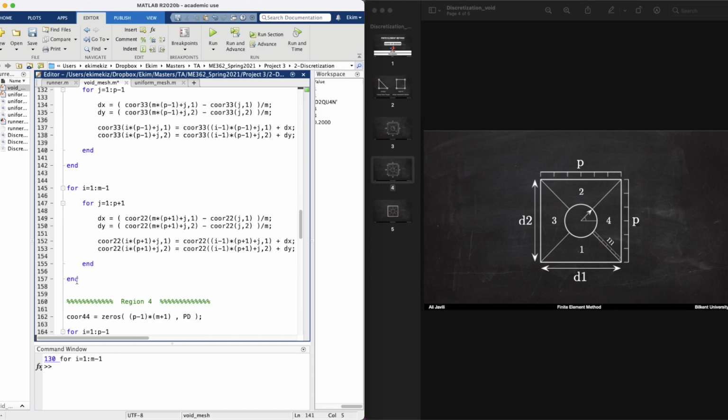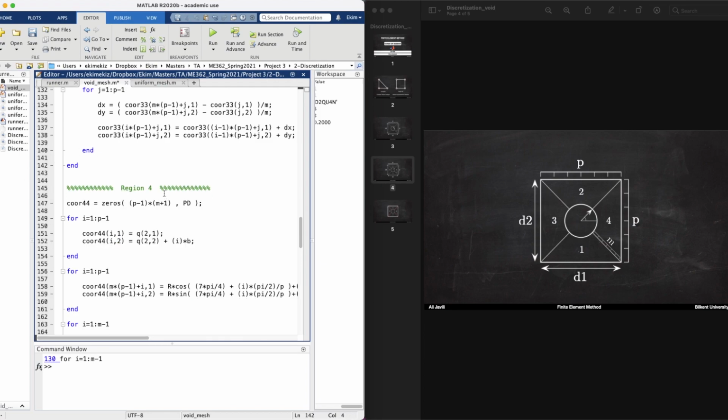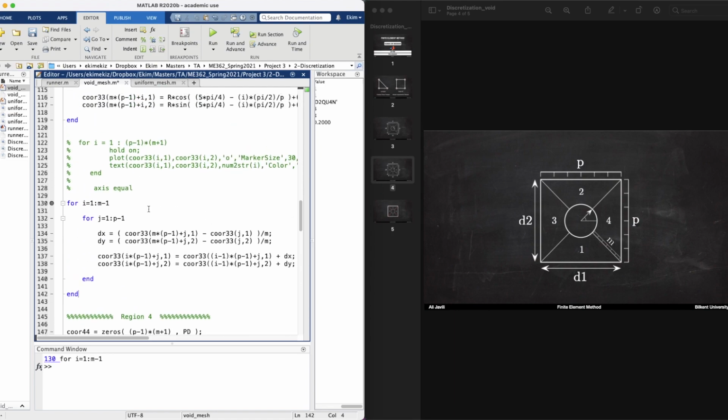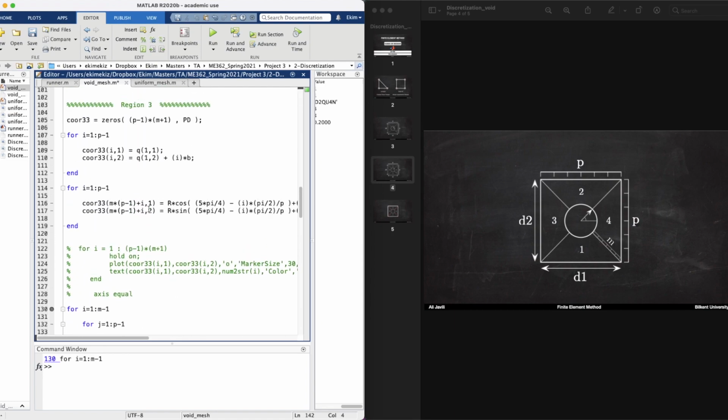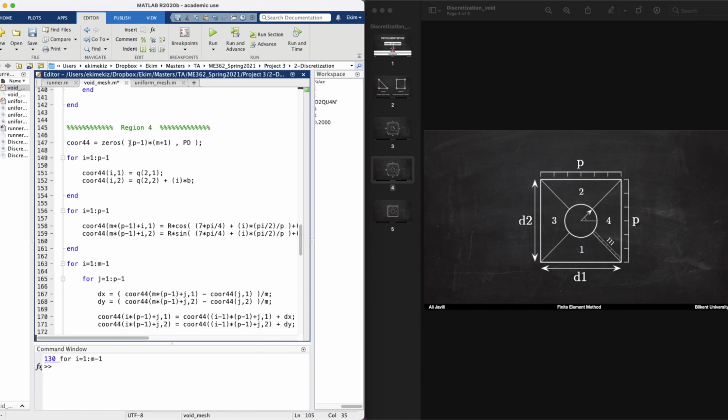So let me delete this, and we take a look at region 4. So for region 4, it's again pretty similar to region 3. We have the same number of coordinates, the same initialization, and then we have again a loop until p minus 1.